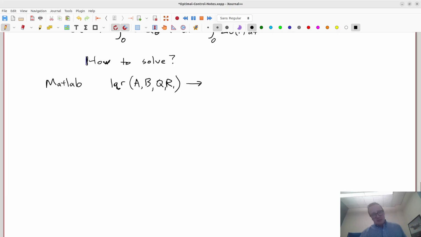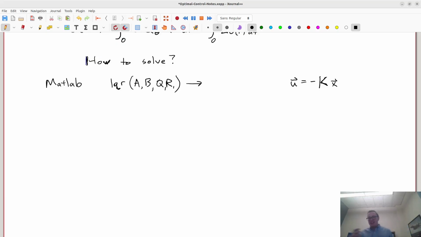Now, I said that we were optimizing over trajectories of states and controls. The remarkable thing, and the most important thing that makes LQR useful, is that it has a very special form of optimal control inputs. And that is that the controls are equal to a negative gain value times x.